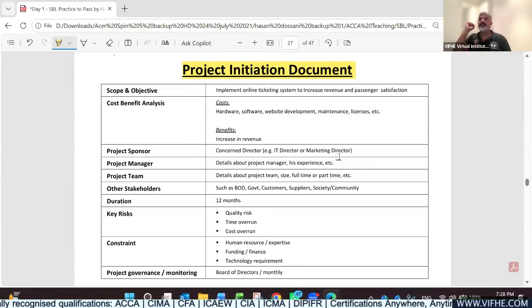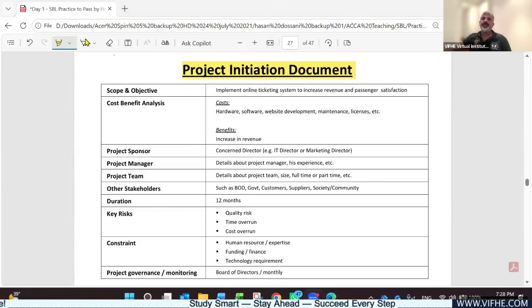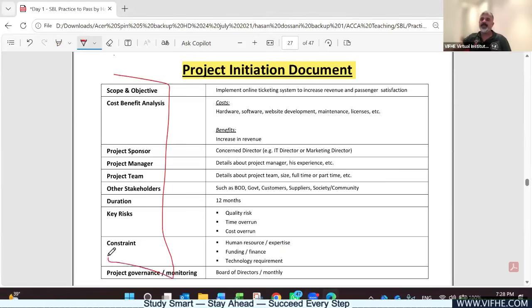Is that clear? The examiner will not ask you to prepare a project initiation document. He will give you a project initiation document and he will ask you to review it and identify mistakes and omissions. How will you identify mistakes and omissions? You need to be aware of the contents of a PID, right?